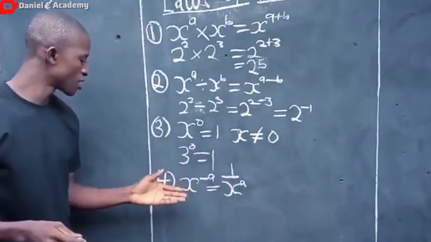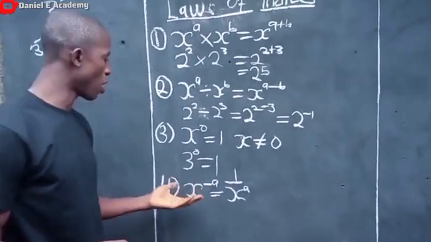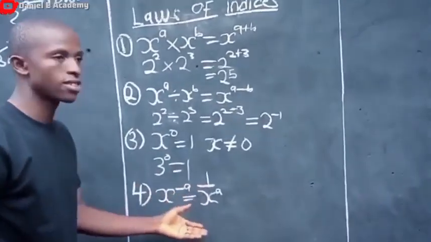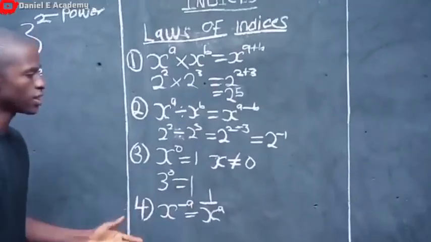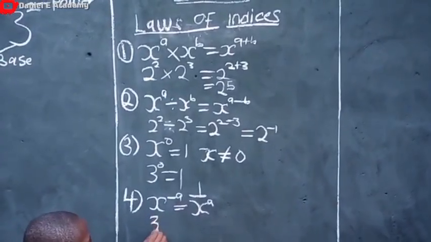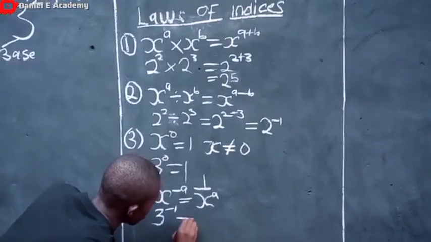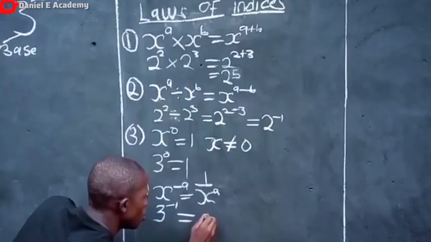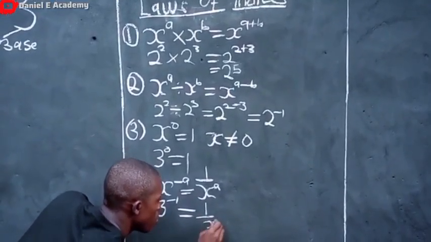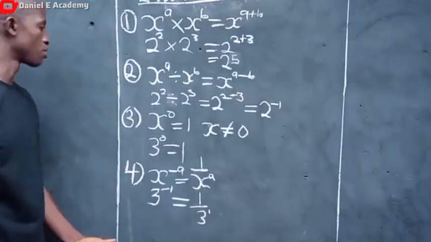This law simply means that whenever you have a number to a negative power, you write it in an inverse form. So let's take an example like 3 to the power of minus 1, which will give us 1 over 3 to the power of 1. That's what this law simply means.